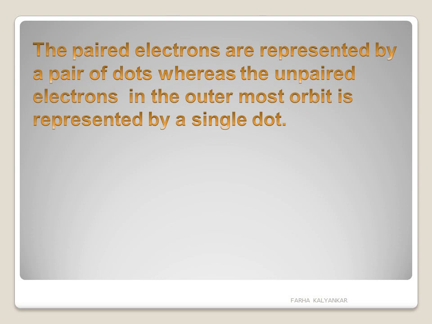For example, aluminium has 3 electrons in its outermost shell, so we will represent aluminium like this. Similarly, we know that chlorine has 7 electrons in its outermost shell. We would represent chlorine in the electron dot structure like this. The same goes for magnesium and oxygen.